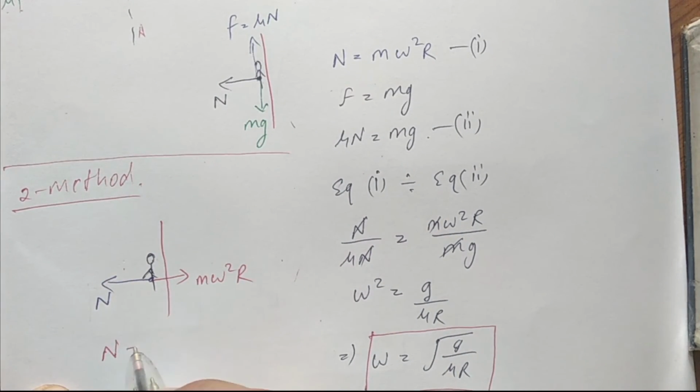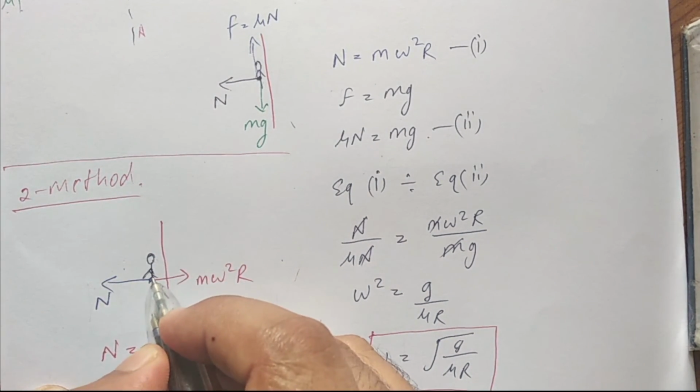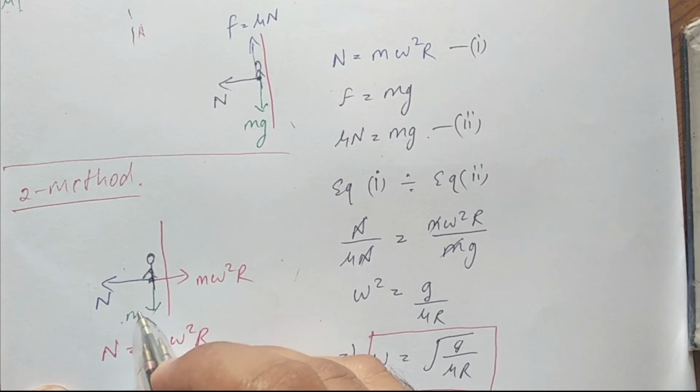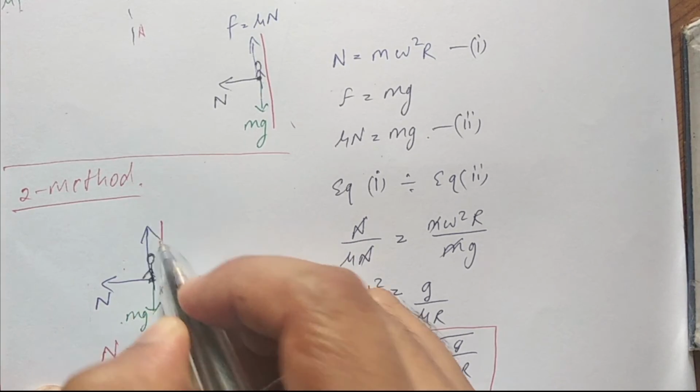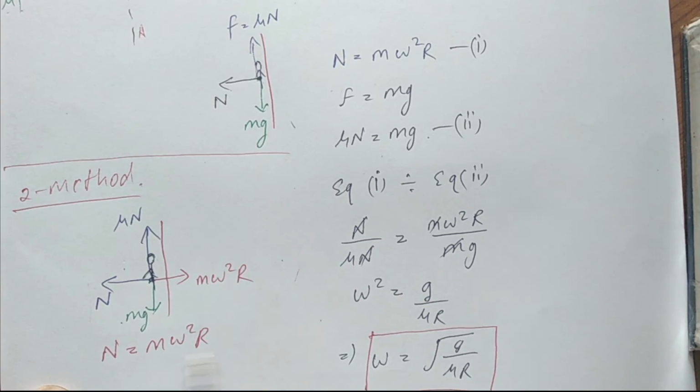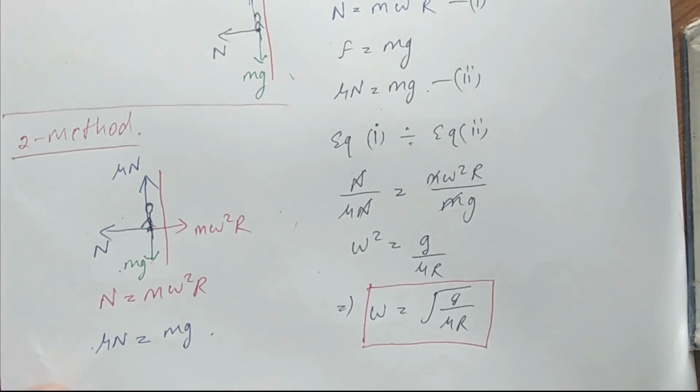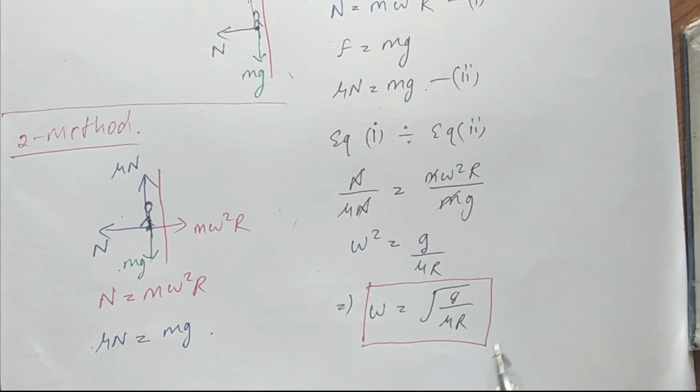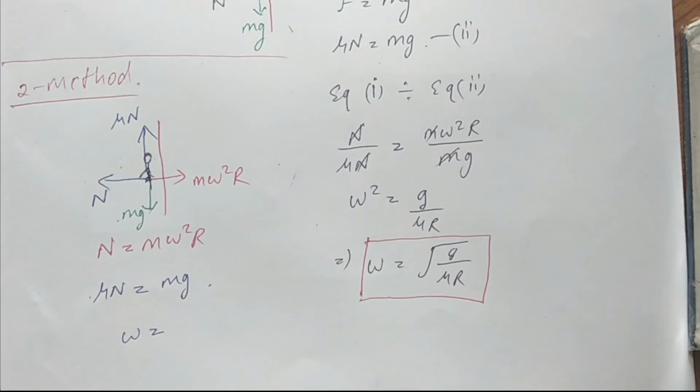So we can write n equal to m omega square r, and similar to the previous case, the frictional force will balance the weight of the person. So we get the same equation in this case also: mu n will be equal to mg. So you can use the same concept in this situation to find the value of omega, and you will get omega equal to root of g by mu r. Okay, thank you.